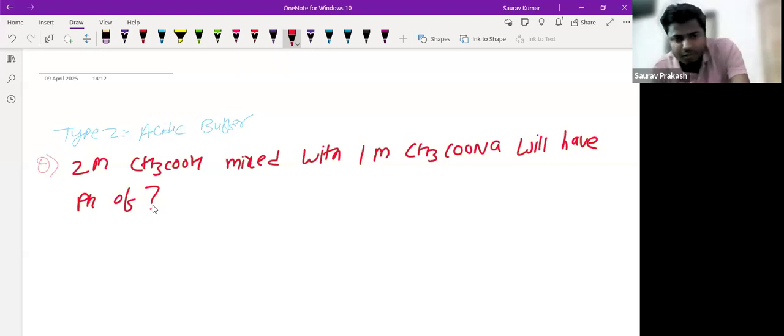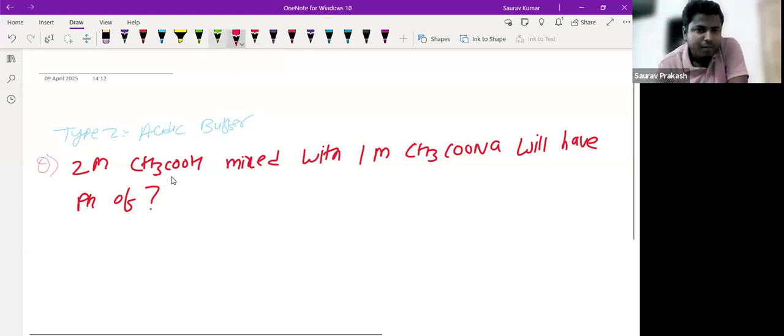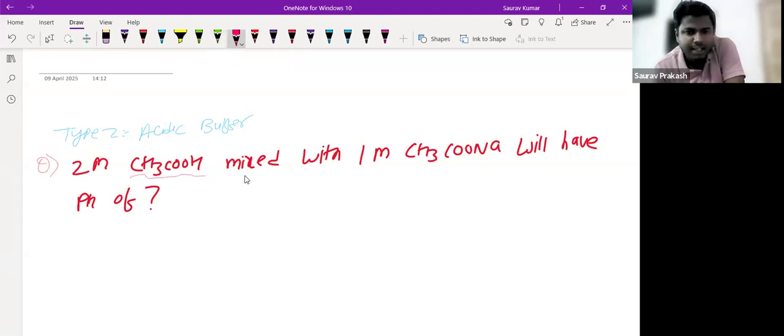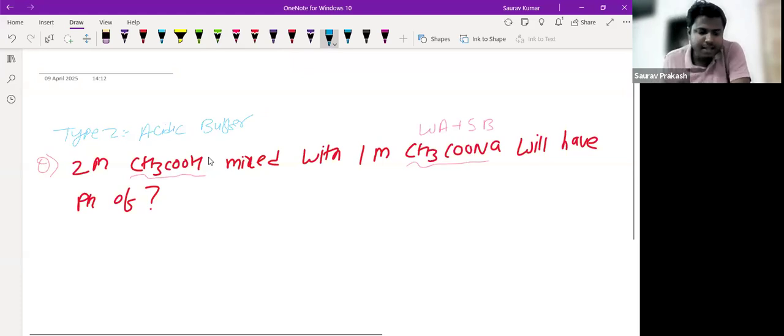This is the question. Acetic acid is a weak acid. All the organic acids are weak acids, and this is a combination of weak acid and strong base. This is the salt of a weak acid and strong base. So the solution will be an acidic buffer.